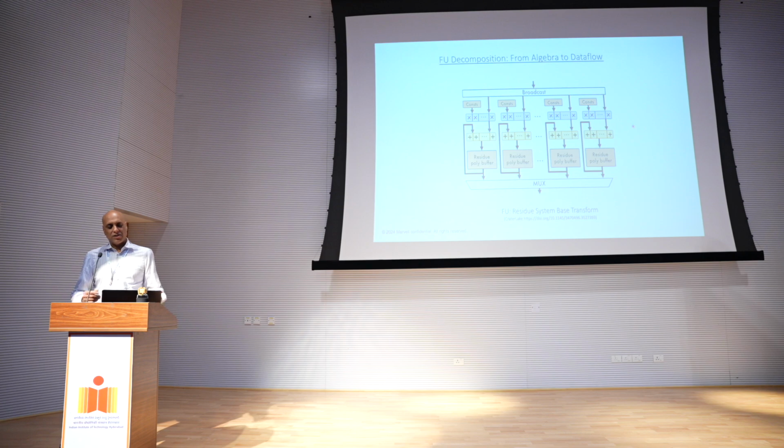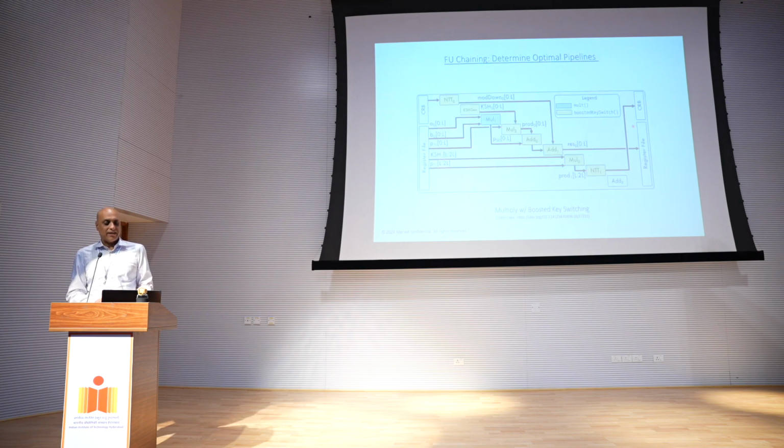Okay, so this is just an example of one of the units that implements an operation called the residue base transform. Once again, it's just taking the math and trying to express it most optimally and encapsulate that in your functional unit. And then it's the problem of what is the optimal way to pipeline these units.